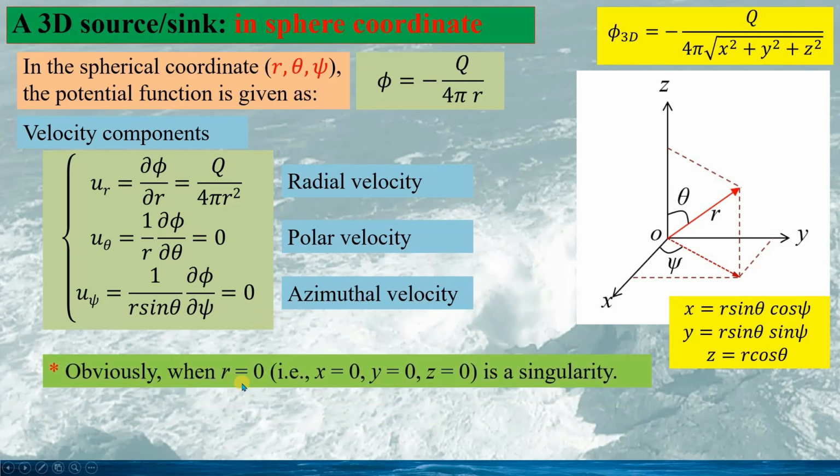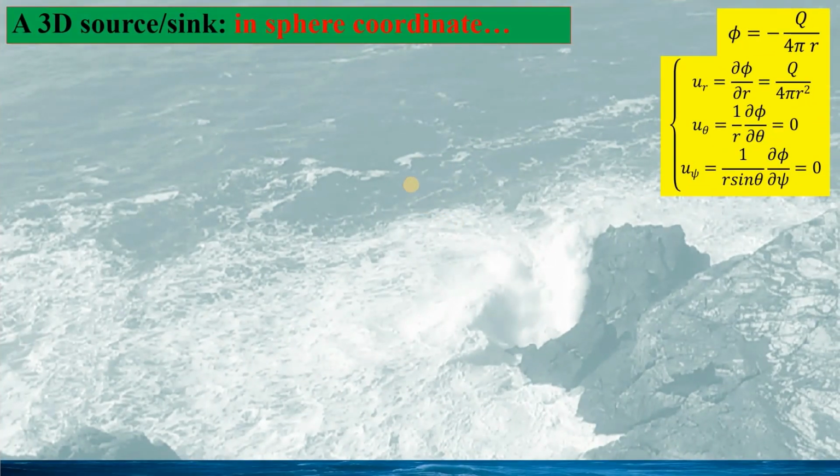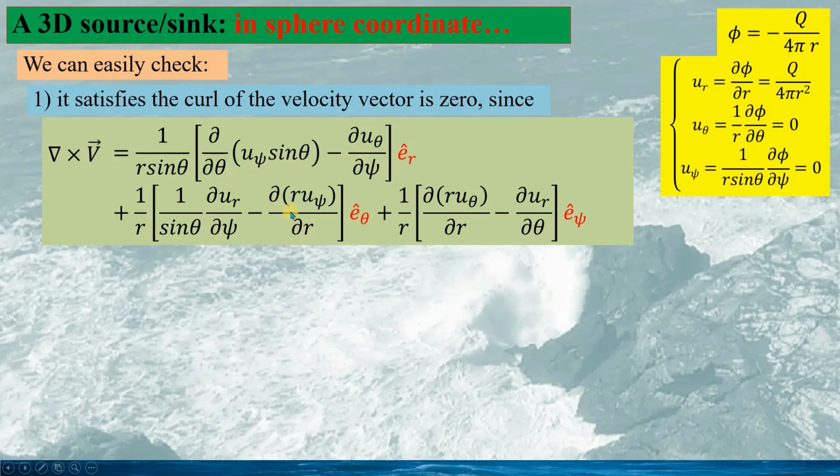So in this example, when r equals 0, that is x, y, and z are all 0, we can see the potential function and the radial velocity would be singular. Thus, r equaling 0 is a singularity. Since we already know the potential function and the velocity components in the spherical coordinates, we can check the curl of the velocity vector, calculated as this.